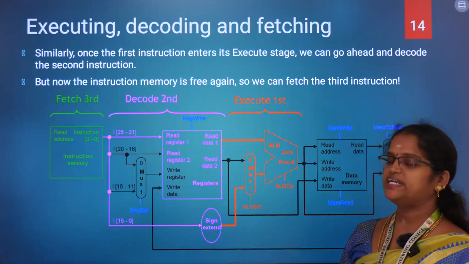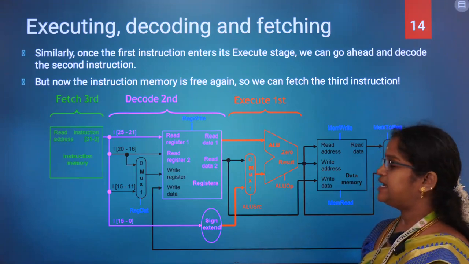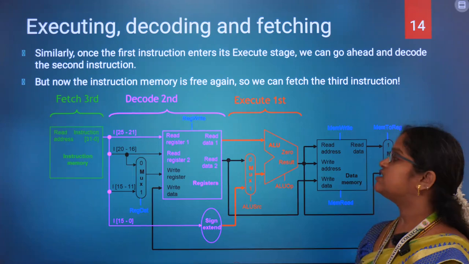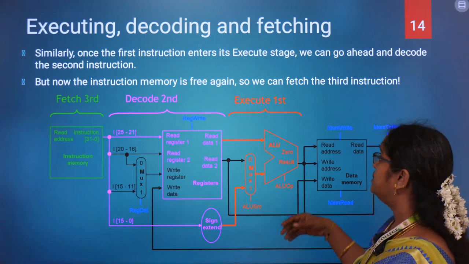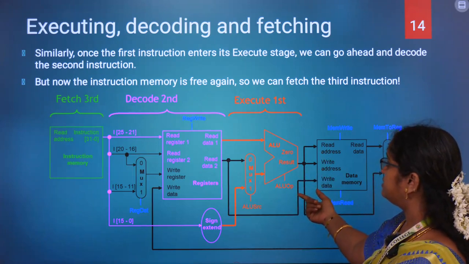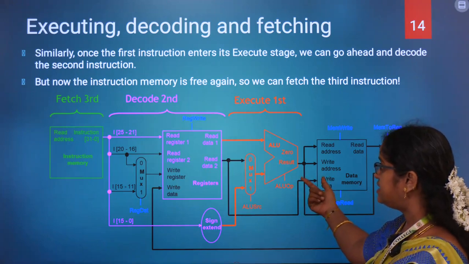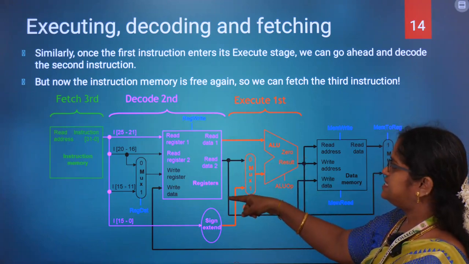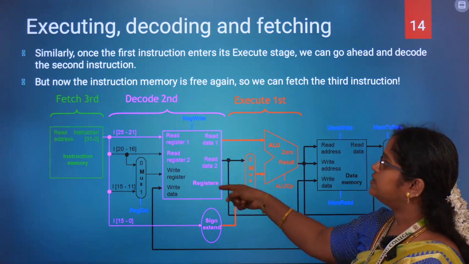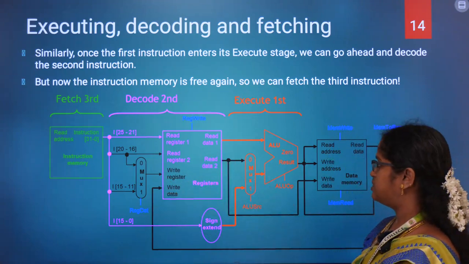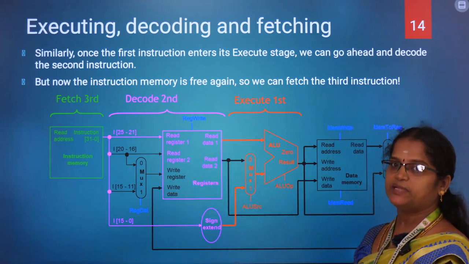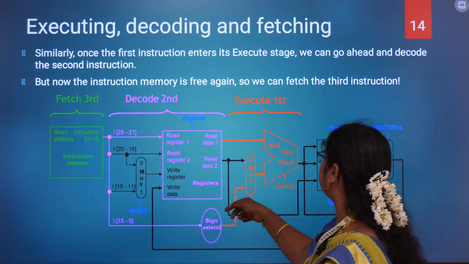So this is the pipelining processor. At a time, more than one instruction is executing simultaneously. That means the first instruction is in the execution part, the second instruction in the decode part, the third instruction in the fetch part. So this is a continuous process for completing the execution.